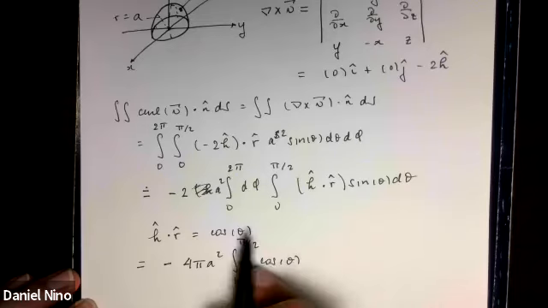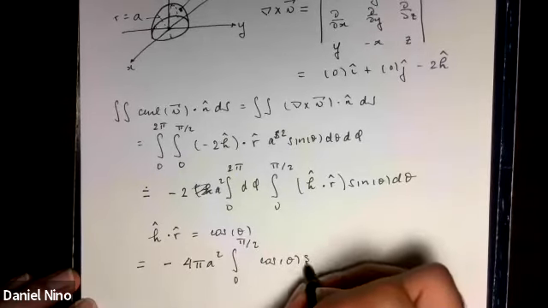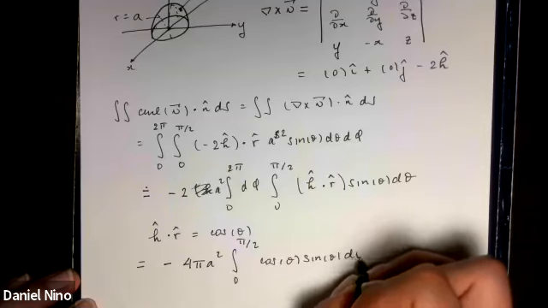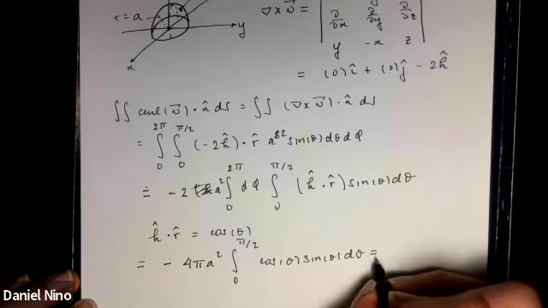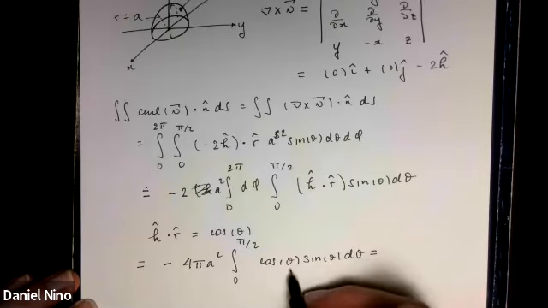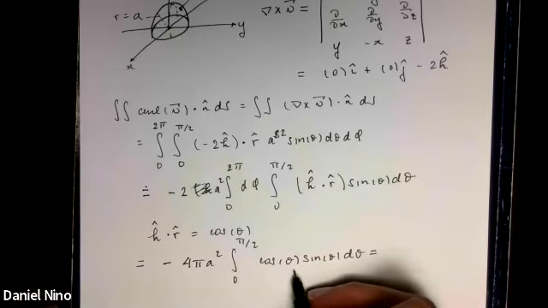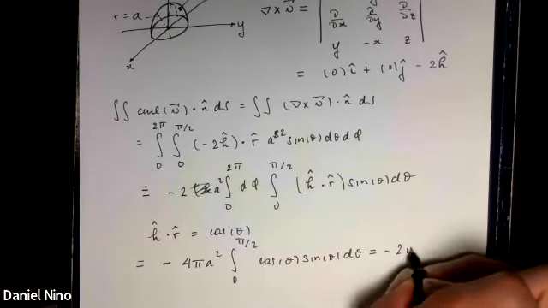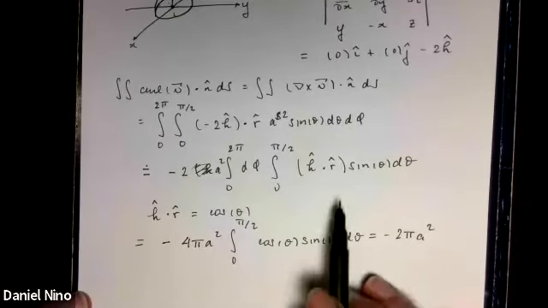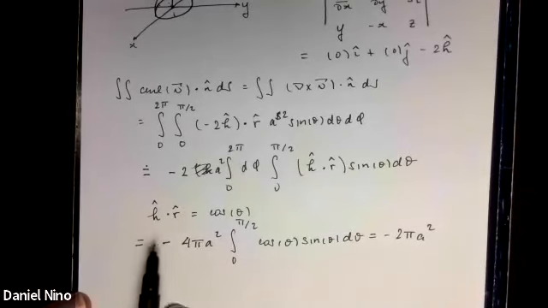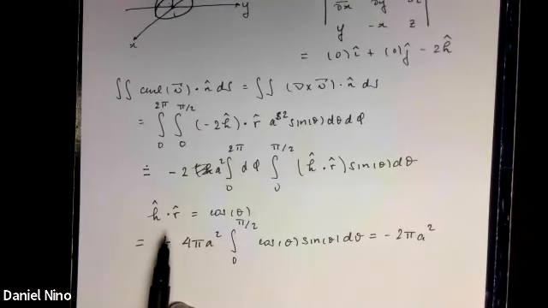This is from the dot product k hat dot r hat, and cosine theta times sine theta d theta. And you can evaluate this just by regular u substitution, and you should get minus 2 pi a squared. Okay, and I encourage you to go through the details yourself and make sure that you understand this.